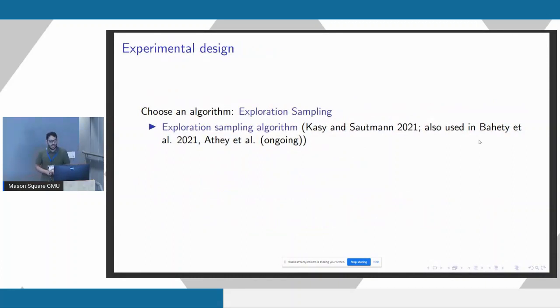Next, we have to choose an algorithm. And in this case, the algorithm that we select to generate our treatment allocations is exploration sampling. As I mentioned, exploration sampling was proposed in 2021, and it has been used in a couple of papers.